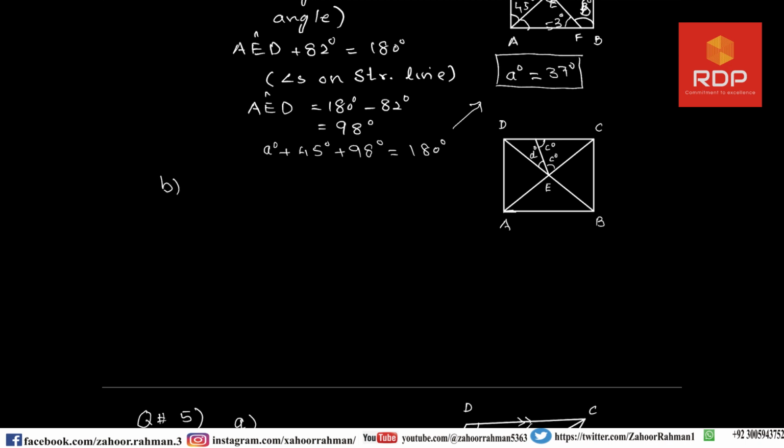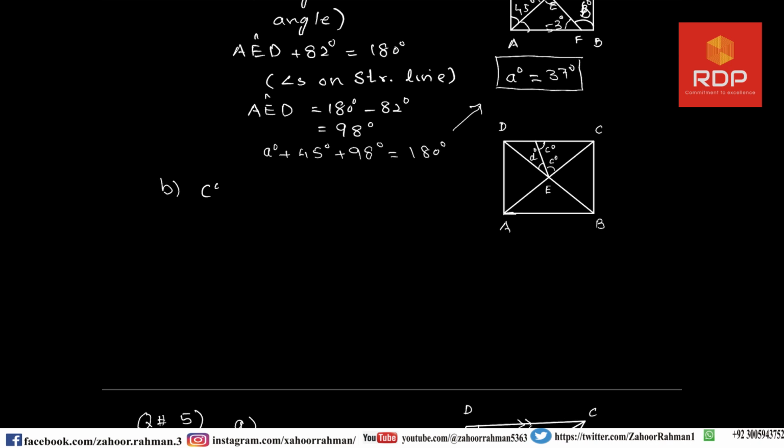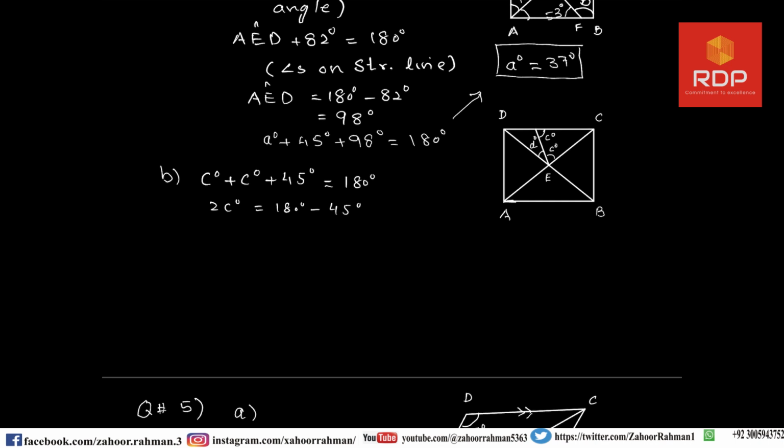Now these two c angles are given, so I can write c degrees plus c degrees plus 45 degrees is equal to 180 degrees. So I can write this as 2c degrees is equal to 180 degrees minus 45 degrees, and then we have to calculate this.